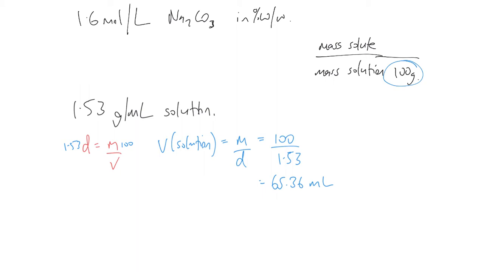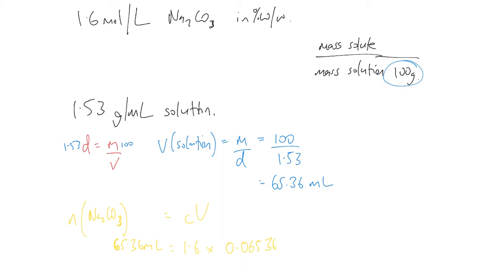All right, so now I need to work out the mass of my solute in 65.36 mils. So I can work out the number of moles of Na2CO3 in 65.36 mils, which will be equal to CV, which is 1.6 times the volume in liters, 0.06536.